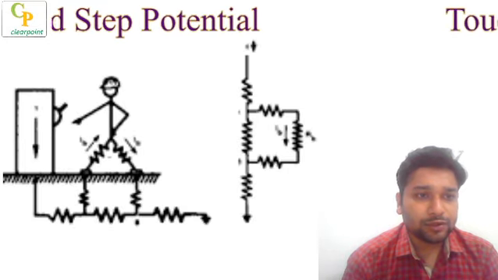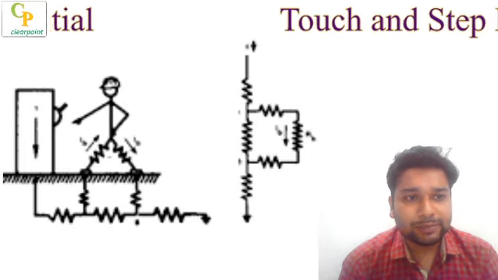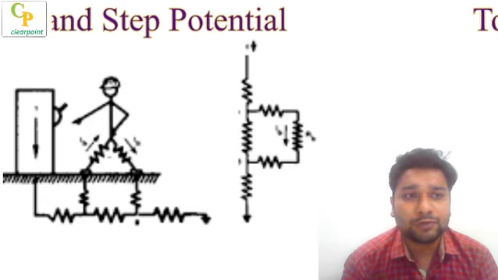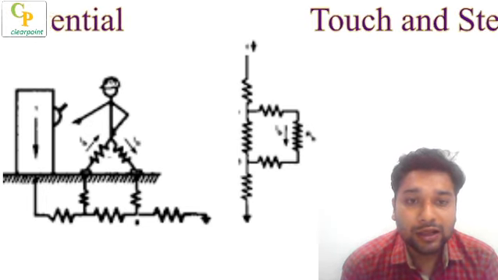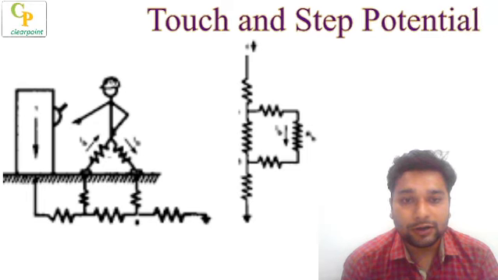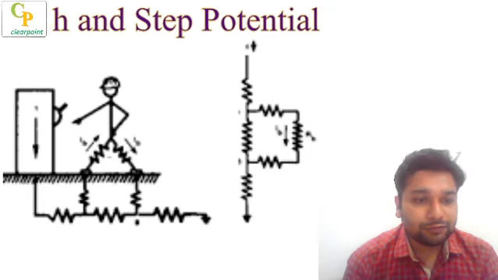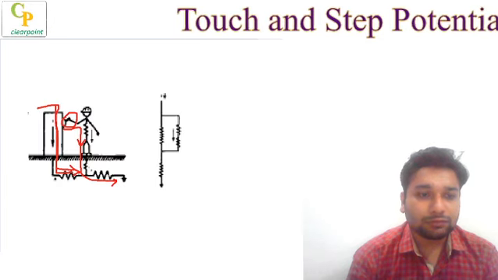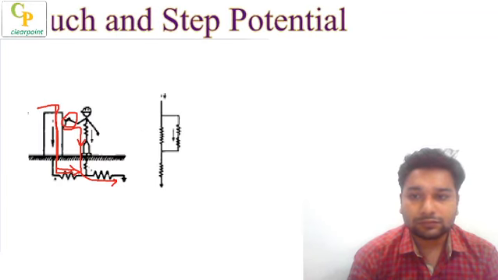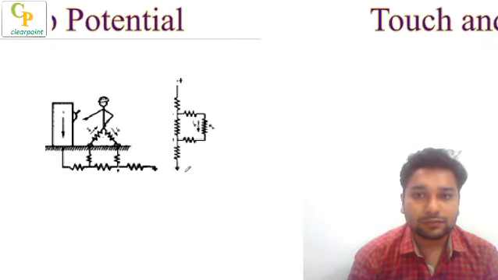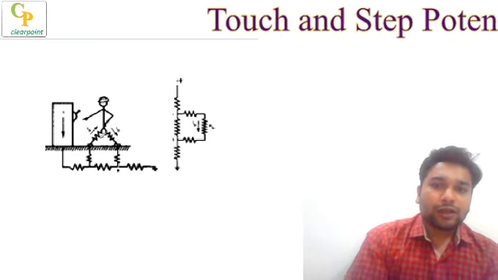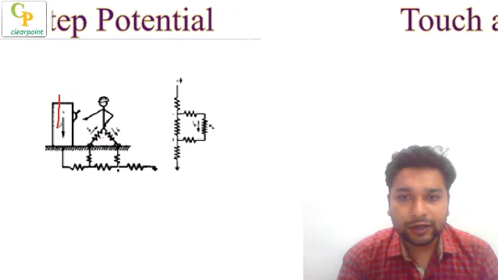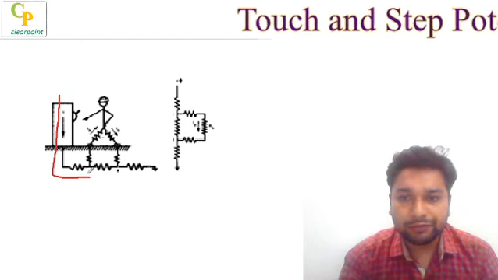But in terms of step potential, see, in step potential we actually have a potential difference between two points even though we are not in contact with the body which is having a fault. Suppose this equipment is having a fault and the faulted current is flowing through the system in this way.